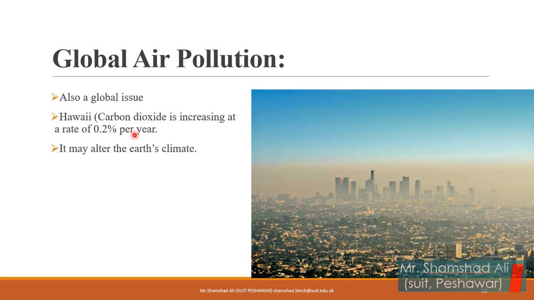It may alter the Earth's climate, meaning it can change the Earth's climate. Global warming is the result of air pollution, basically. As you can see, this city, and this is basically the air pollution at the top of the city. So air pollution is a global issue, basically.